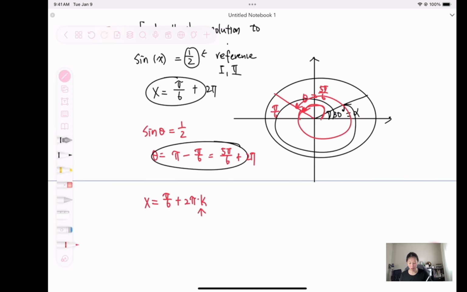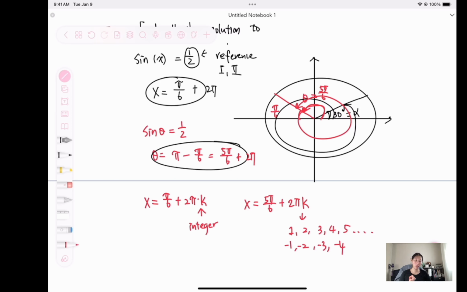So in total there will be two solutions: pi over 6 plus 2 pi times k, where k is an integer. Also, another solution would be x equals 5 pi over 6 plus 2 pi k. So k is an integer such as 1, 2, 3, 4, 5, and so on, or negative 1, negative 2, negative 3, negative 4.